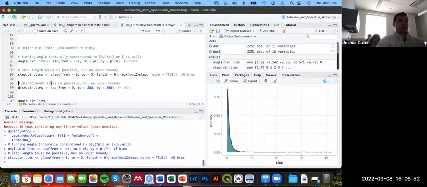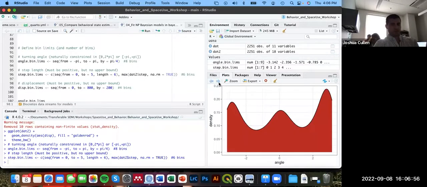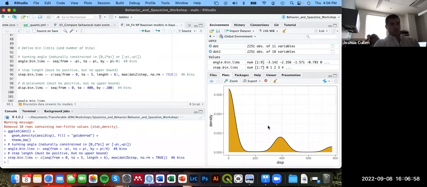And then for displacement, that one's also a bit tricky because it's multimodal, and it's not a circular distribution like the turning angles. So I'm going to go from 0 all the way up to 800 kilometers here, and then break this up by 200 kilometer breaks.